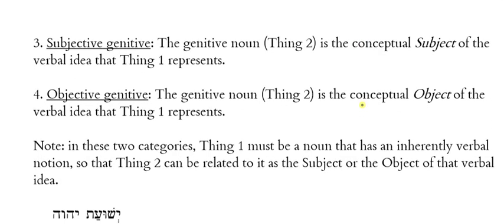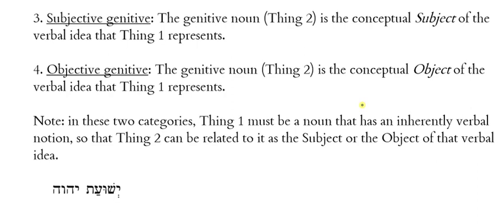Now, these next two I want to treat together. Number 3 category is called the subjective genitive, and number 4 is the objective genitive. In the subjective genitive, the genitive noun, thing 2, is the conceptual subject of the verbal idea that thing 1 represents. And with the objective genitive, the genitive noun, thing 2, is the conceptual object of the verbal idea that thing 1 represents.